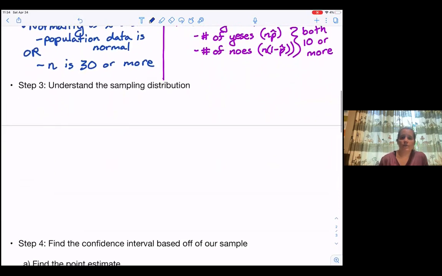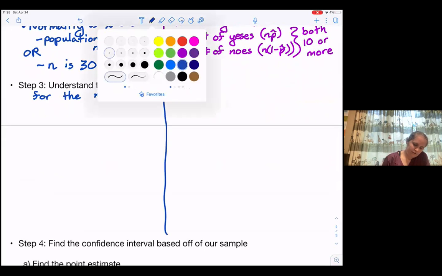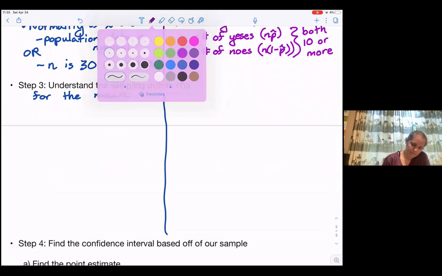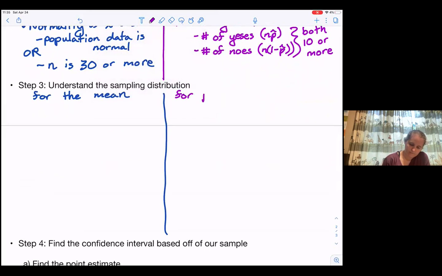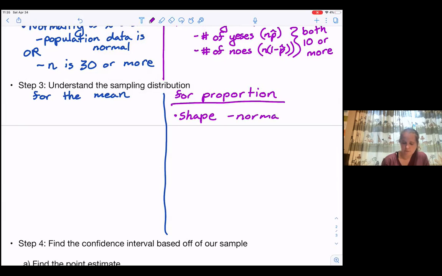From here, we have to go to understand the sampling distribution. So we have shape, center, and spread, for the mean versus for the proportion. So shape, presumably it's normal from step 2.